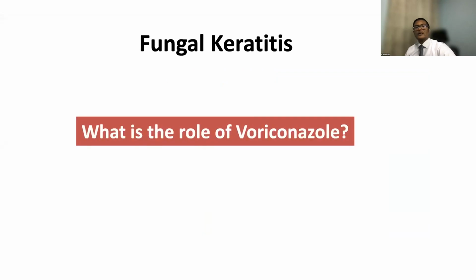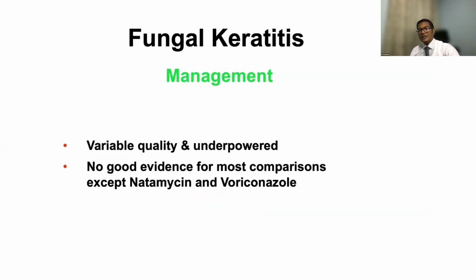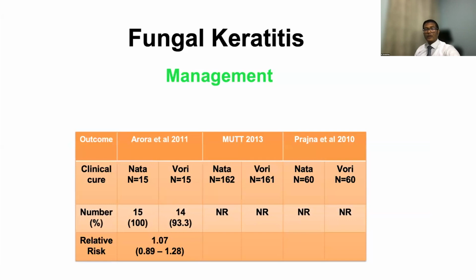And is there a role for the newer drugs such as voriconazole? As the MUT trial, the Mycotic Ulcer Treatment Trial, published a little more than a decade ago, showed, natamycin is still the best drug that we have in treatment of fungal keratitis.